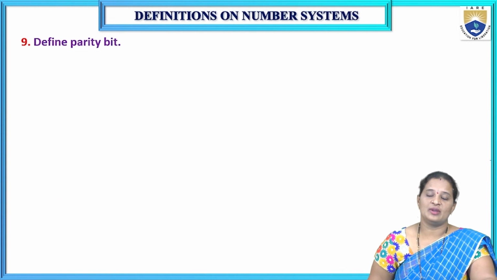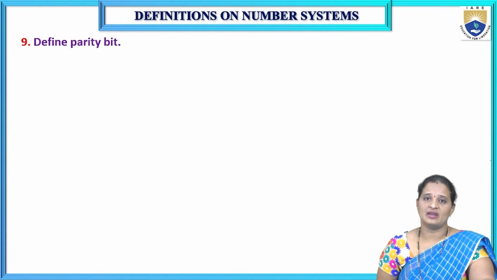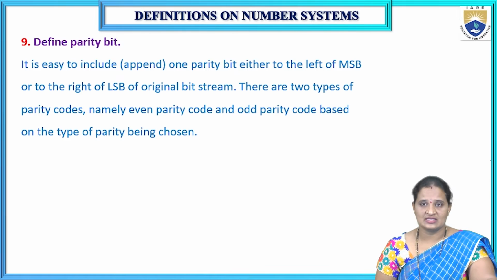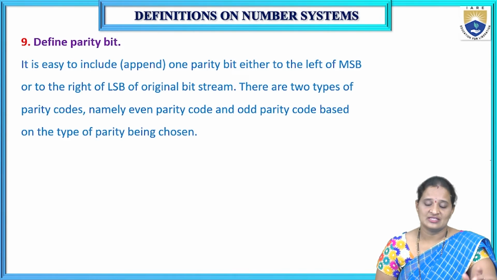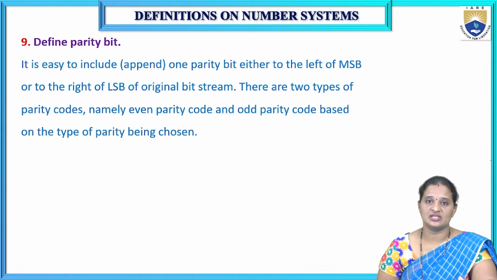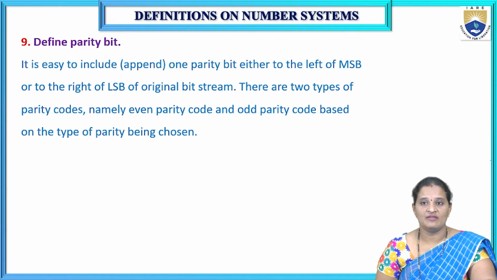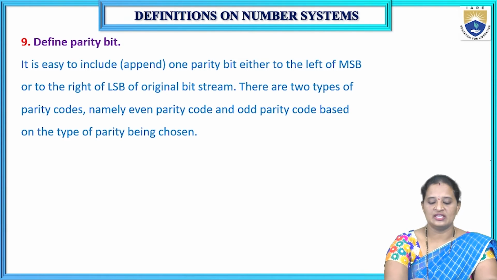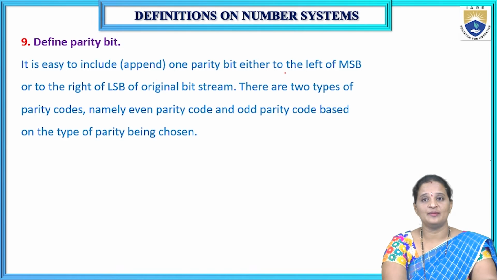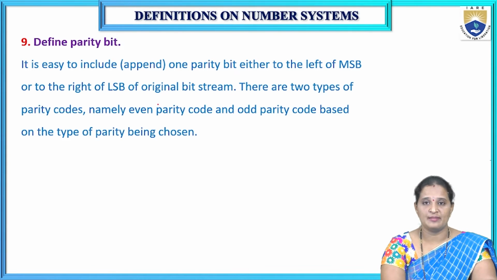Now coming to the parity bit. What do you mean by parity bit? A parity bit is an extra bit added to the message bits such that the number of ones present in the code becomes either even or odd. It is easy to include one parity bit either to the left of MSB or to the right of LSB of the original bit stream. There are 2 types of parity codes, namely even parity and odd parity, based on the type of parity chosen.